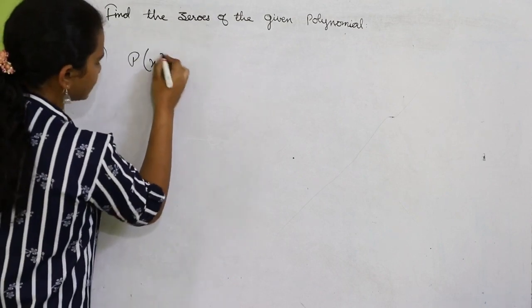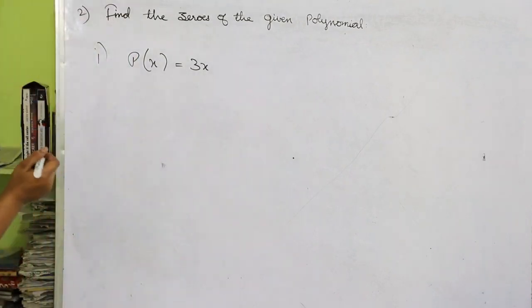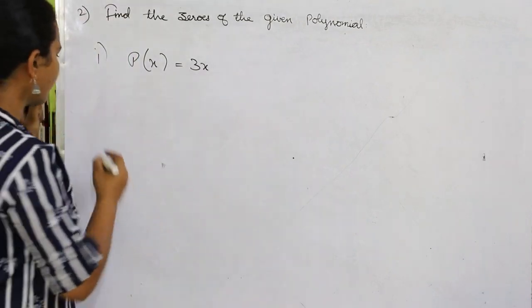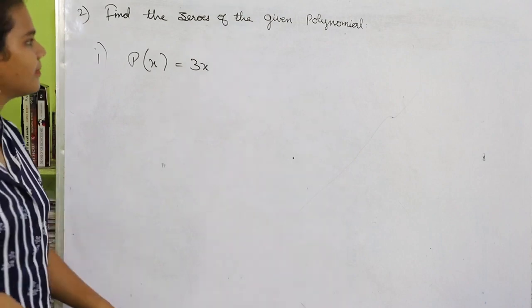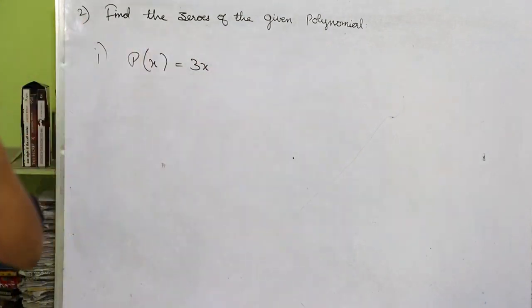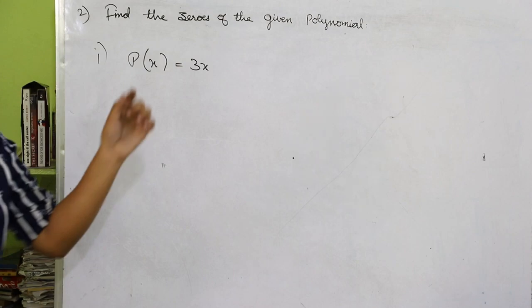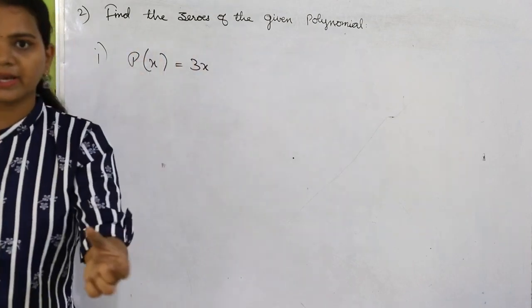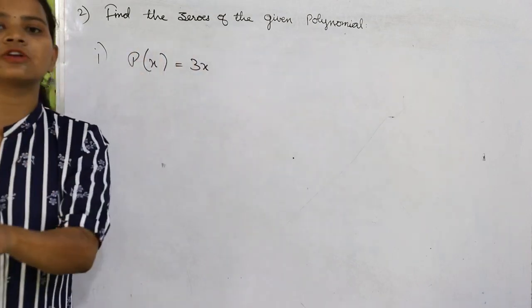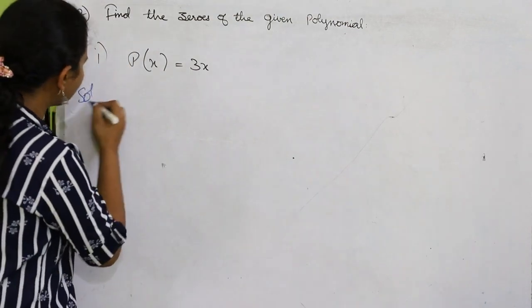The first one is p of x equals 3x. So find the zeros of the given polynomial. The zero is the value which, if I place that number, then it should be equal to 0.